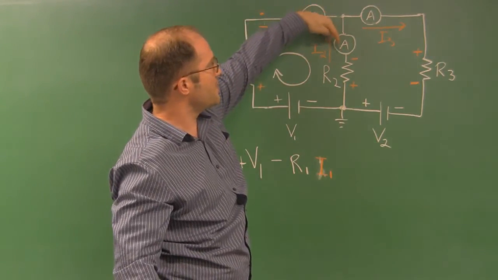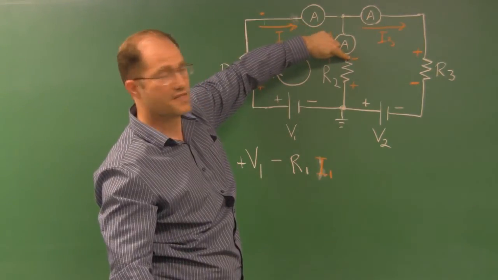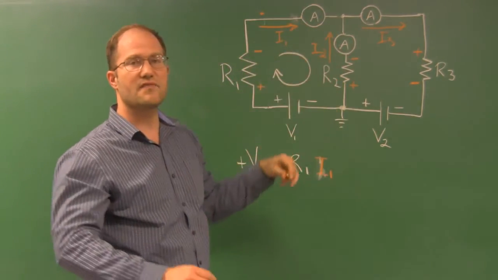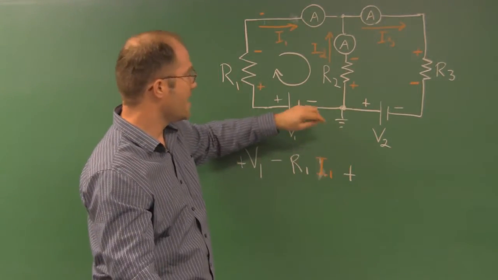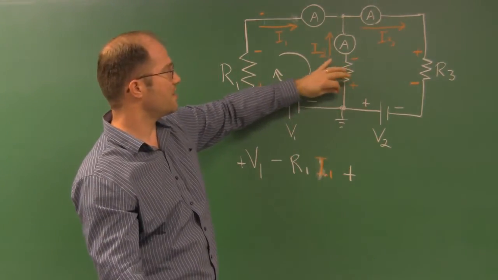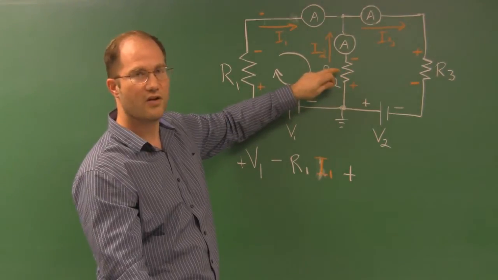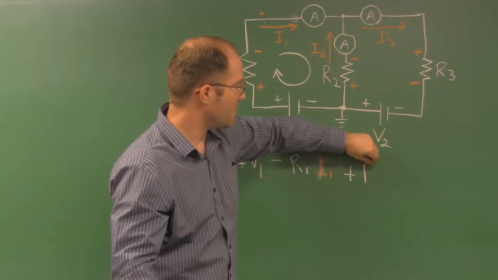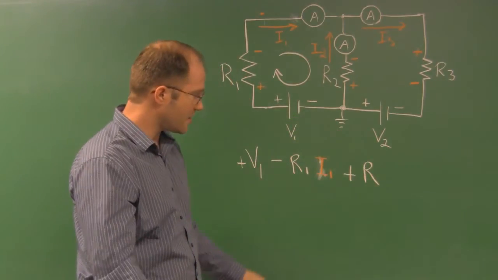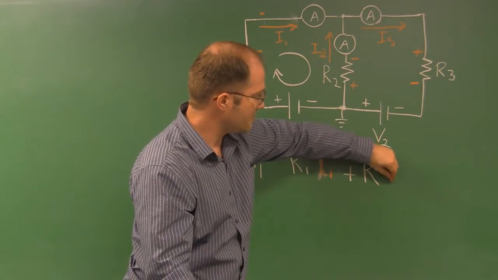So as we go down through here, we notice we come to the negative sign and the positive sign. So this is a voltage rise. So we'll say plus. And then the value of this voltage here is, according to Ohm's law, R2 times I2. So it's a plus R2, and then I'll use my orange chalk for my unknown here, times I2.